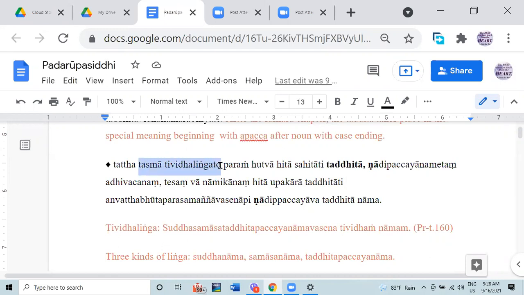Simply to say, this is the main point: the suffixes which are with benefit, or which have benefits, after threefold nouns.